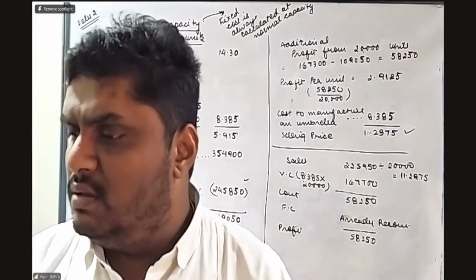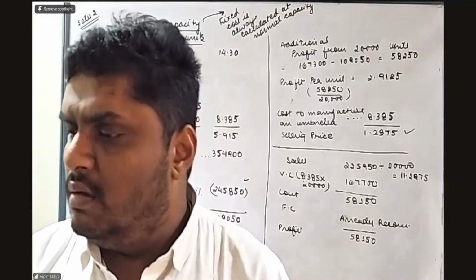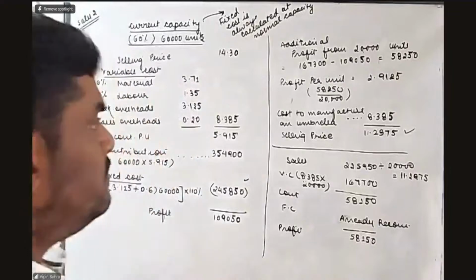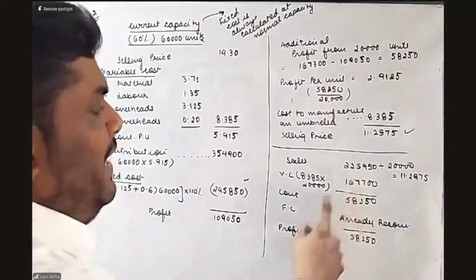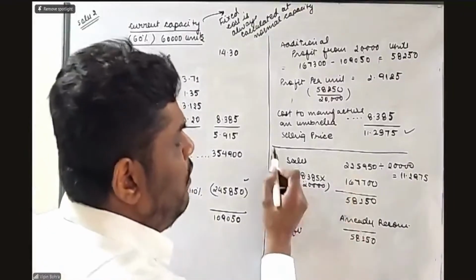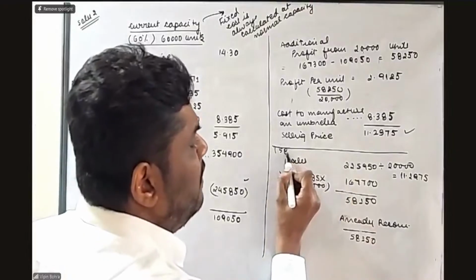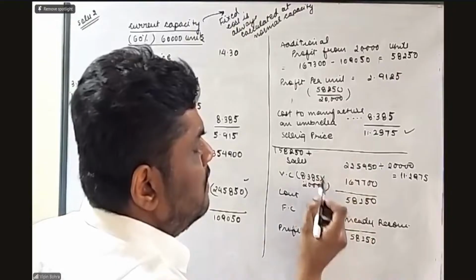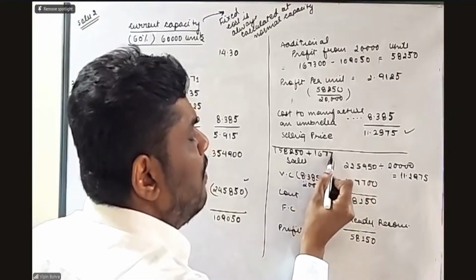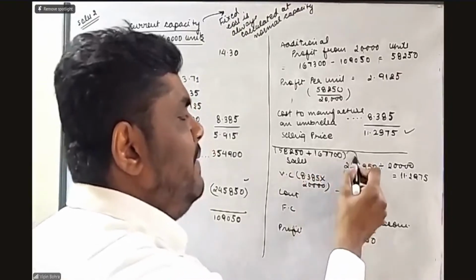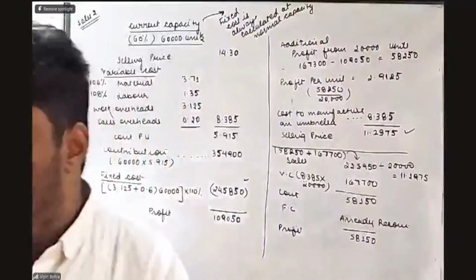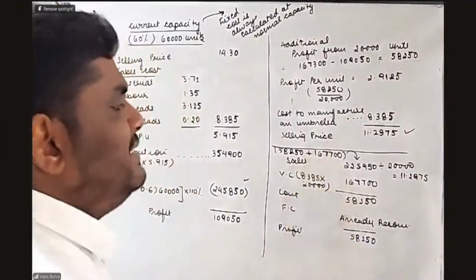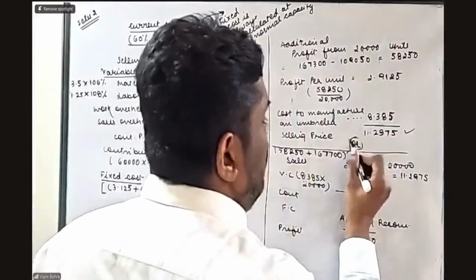Anyone else with any doubts? 2,25,950, how did I get it? See, my contribution is 58,250. Contribution plus variable cost will be my sales. See, these are the two ways to solve the question, either this or this.